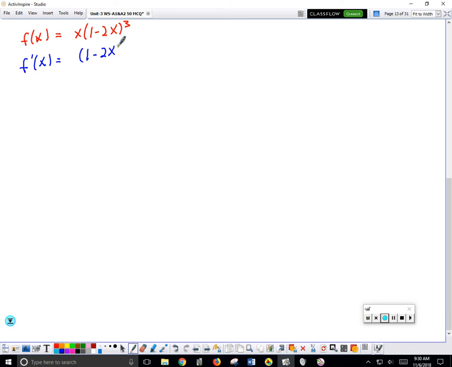It's the second function multiplied by the derivative of the first. The derivative of the first is 1. Just wave at me if you need to see more detail. Then I take the first function and I multiply by the derivative of the second. So bring down the 3. 1 minus 2x becomes squared. I must take the derivative of the 1 minus 2x.